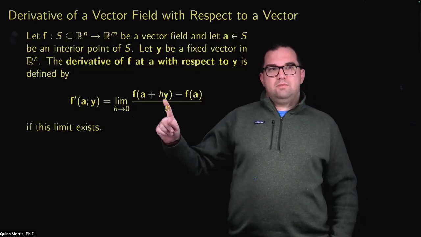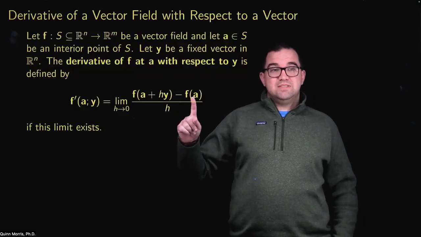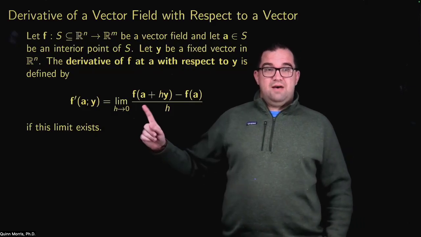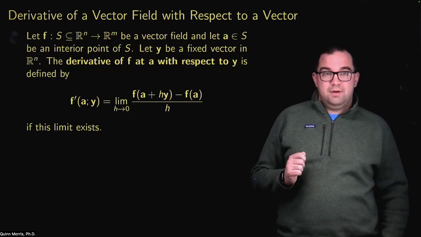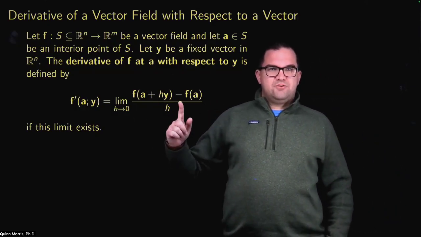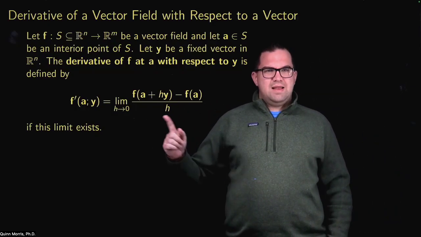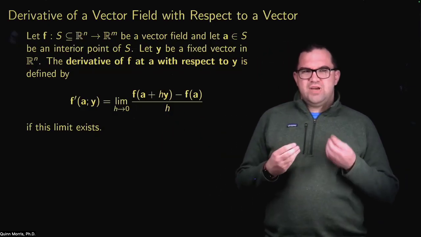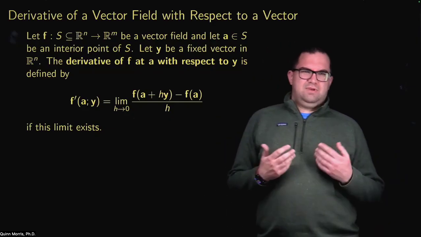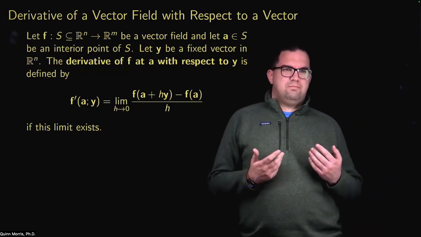But now the primary difference is that this difference is a vector quantity. F of A plus hY and F of A are both vectors in R^m. So the difference is a vector quantity, and I have a vector quantity divided by h, and h is a scalar quantity. You could object to this at first by saying you can't divide a vector by a scalar.